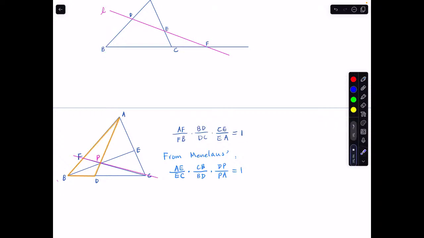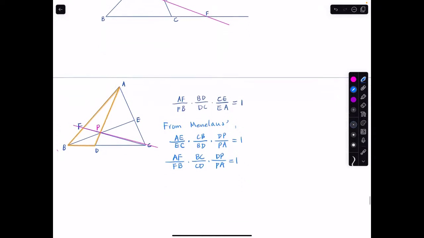Notice that the three points are where this straight line cuts at F, P, and C. So similarly, we have AF over FB, and then BC over CD, and times DP over PA equal to 1.